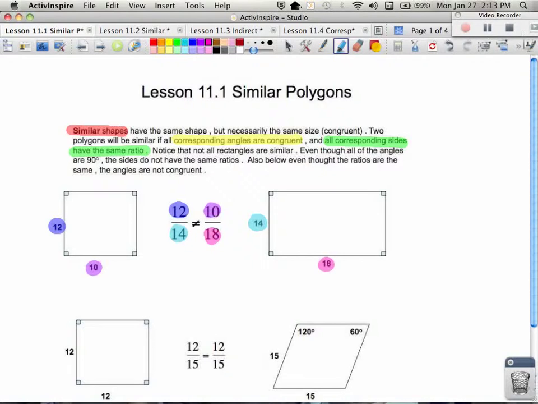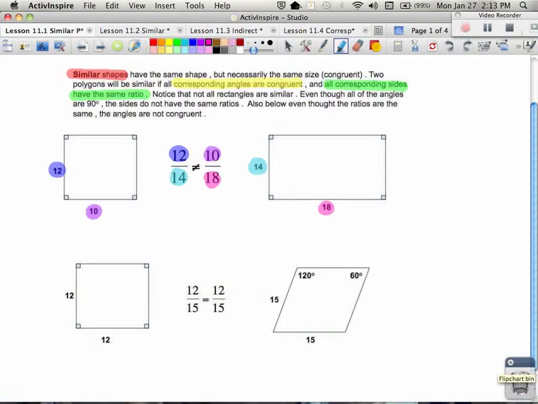Likewise, in the second grouping, what I notice is that the ratios do match. For example, the 12 on the left compared to the 15 on the left is the same as the 12 on the bottom compared to the 15 on the bottom, so the sides are matching up just fine.